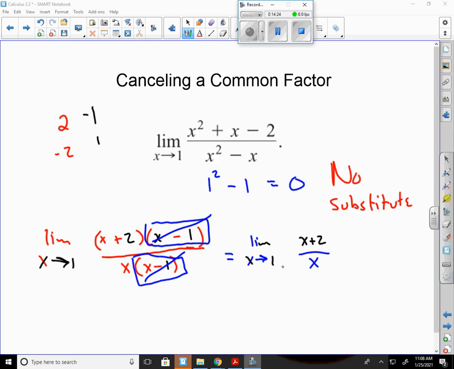Now if I try to plug a 1 in to the denominator, that gives me a 1. And so I'm allowed to do that because I didn't end up with a 0. So I can do the limit as x approaches 1 of x plus the limit as x approaches 1 of 2 over the limit as x approaches 1 of x.